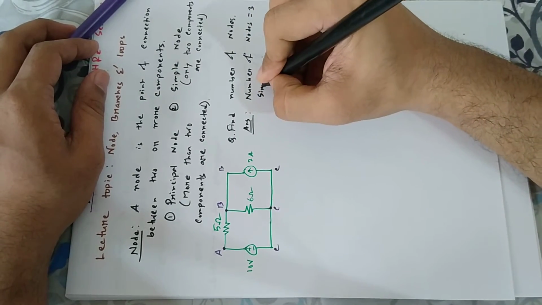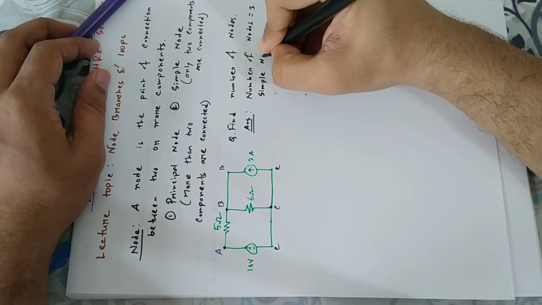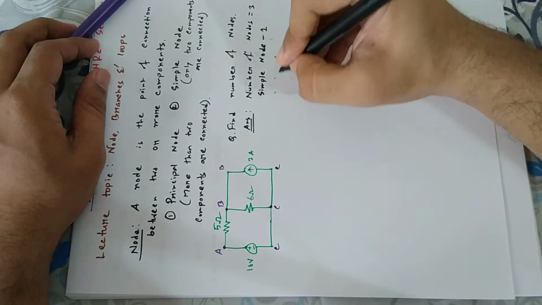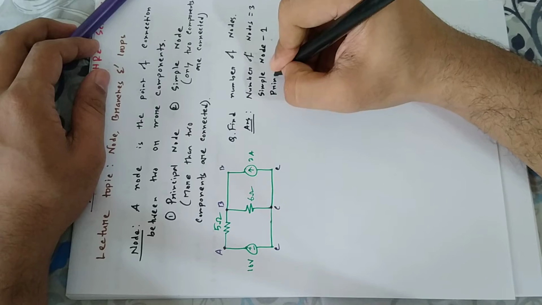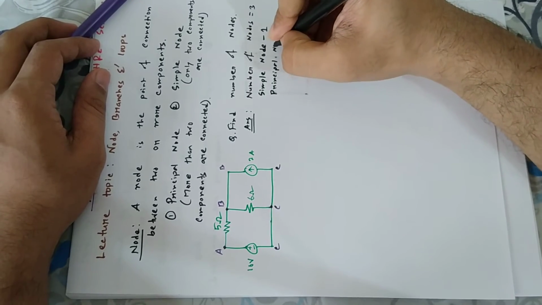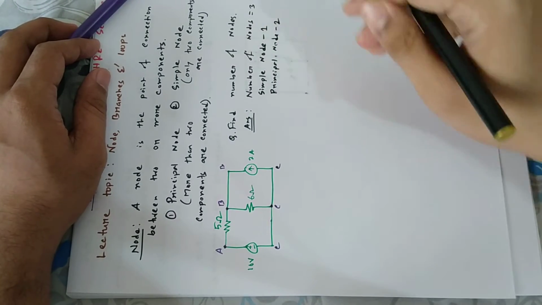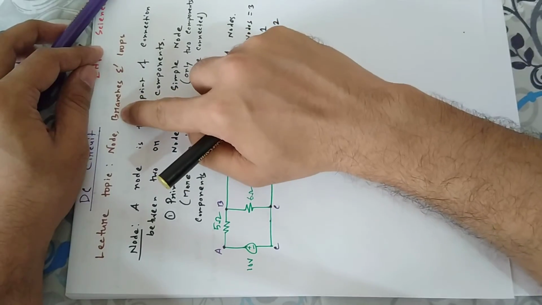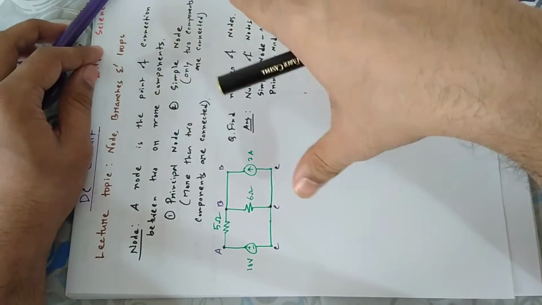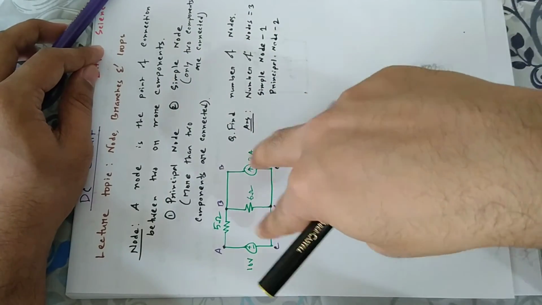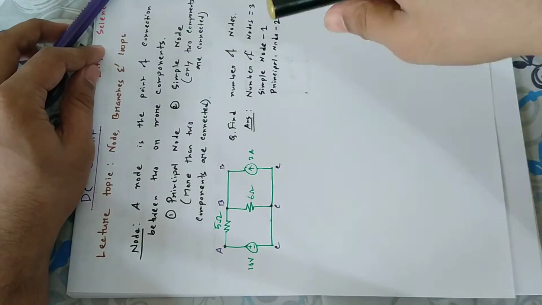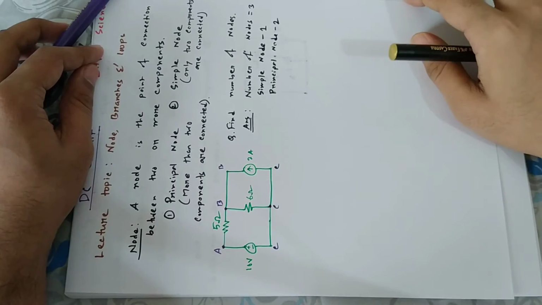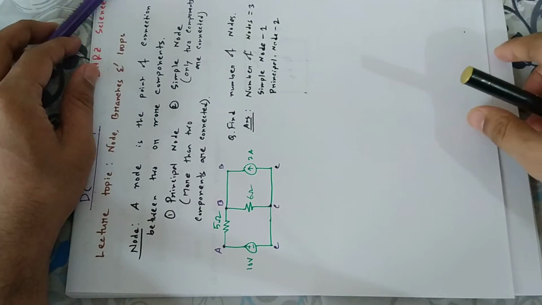Simple node, just one, and principal nodes, 2. Okay, now let us study about branches. I think you have a clear idea about node now. We will study more examples later.